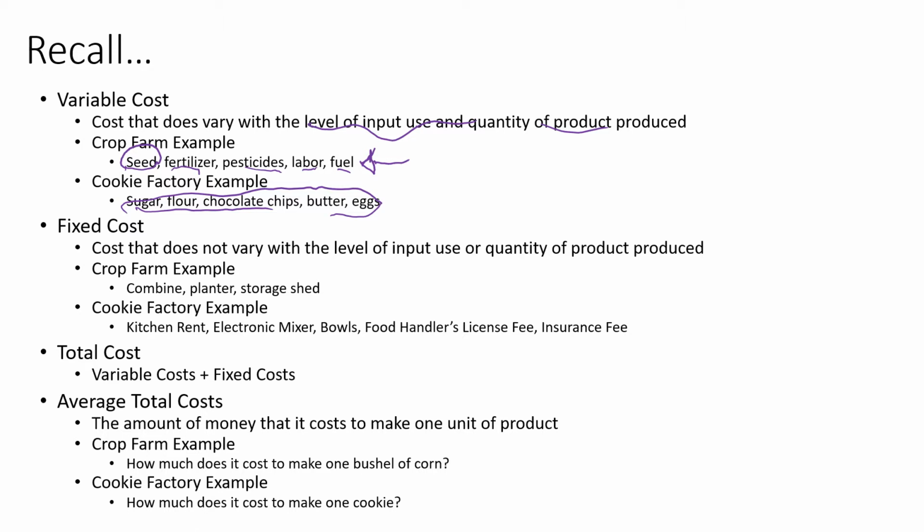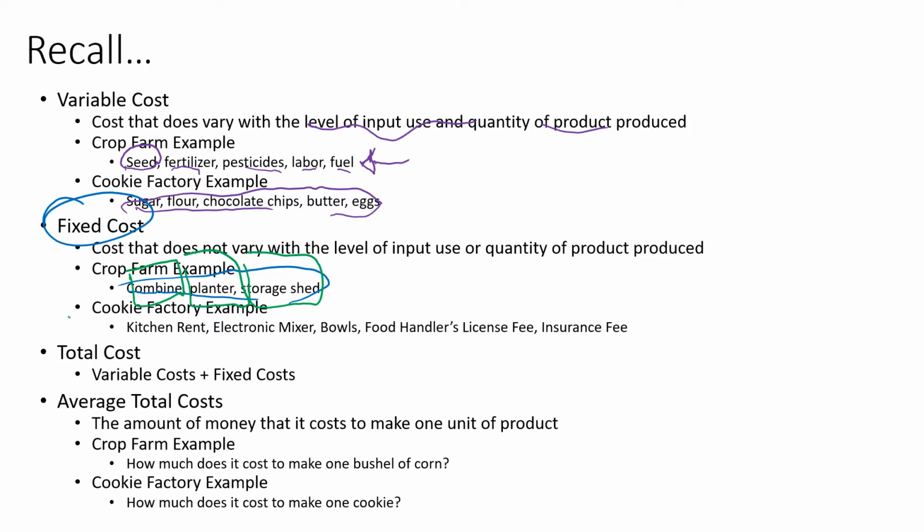Fixed costs, on the other hand, do not change if we're increasing or decreasing our level of production. So whether we're farming, let's say, 100 acres or 200 acres, we will still have the same combine costs, the same planter costs, the same storage shed costs. So those are fixed costs that do not change when we increase or decrease our production.